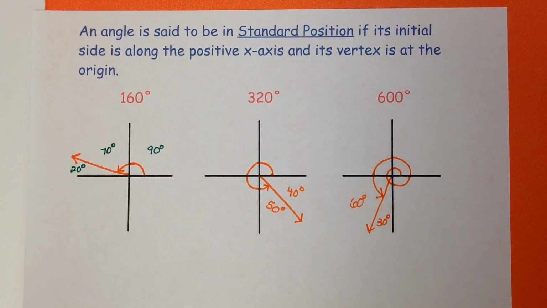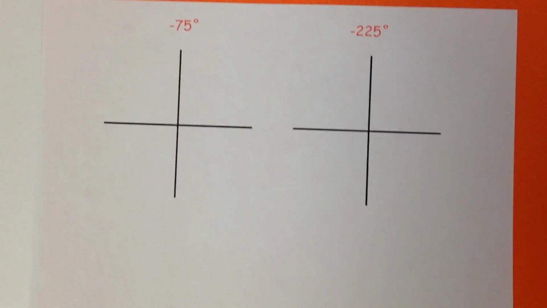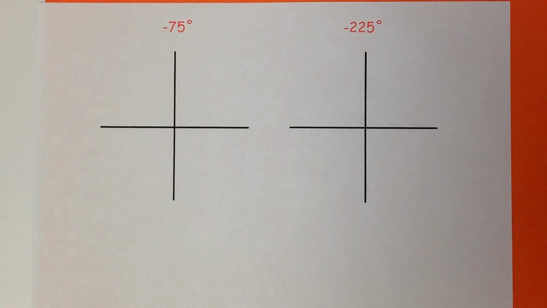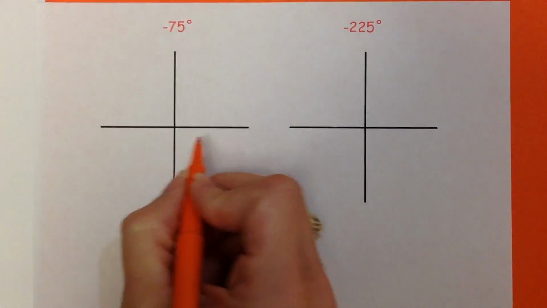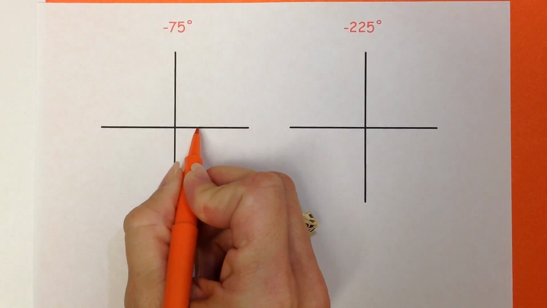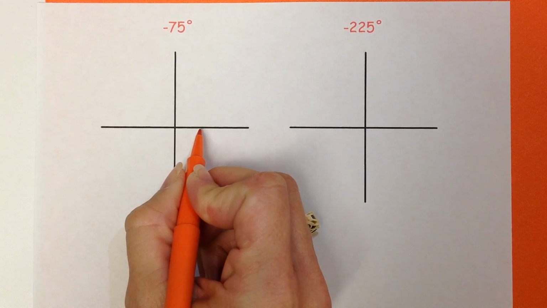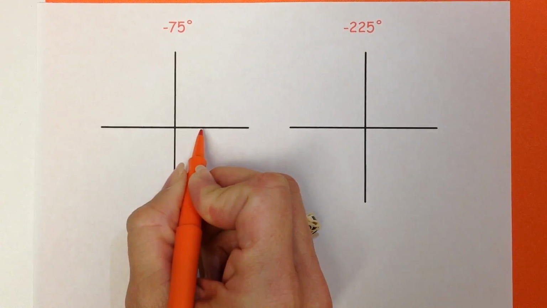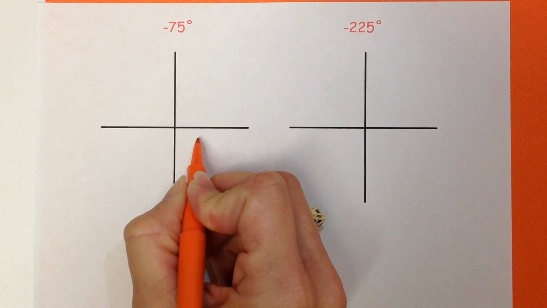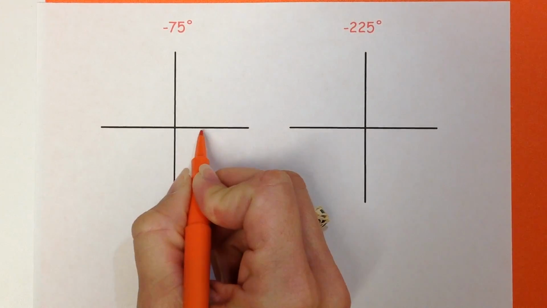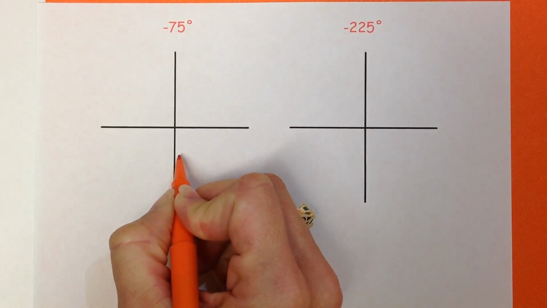Okay. Two more examples, but both of these will be negative angles. Basically you do it the same way, we just have to rotate in a different direction. I'm still letting the positive end of my x-axis be the initial side, but this time I have to rotate clockwise. I have to come down through the 4th quadrant.